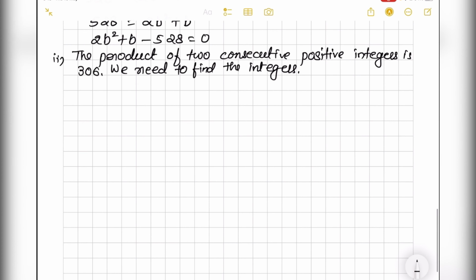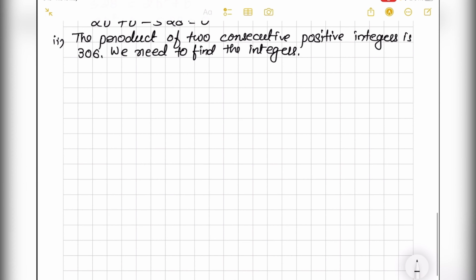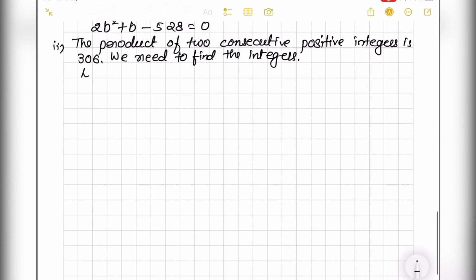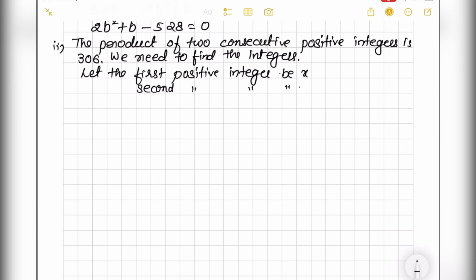So, here, if I read the question, it says the product of two consecutive. Consecutive means the difference between them should be 1. So, here let the first, or I can say smaller positive integer be x. So, second positive integer will be x plus 1 because difference should be 1.